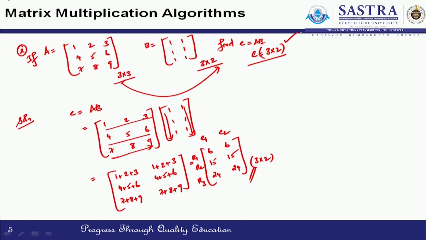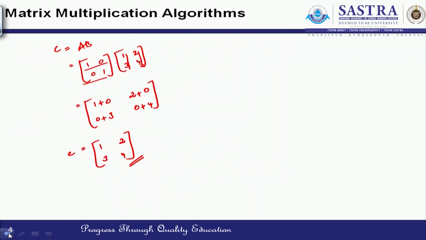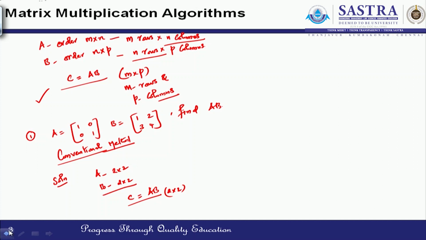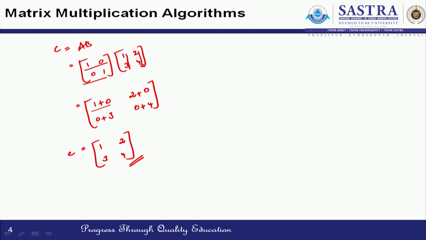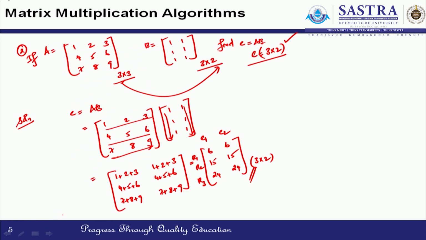In case A is 3 by 3 and B is 3 by 3, square matrices of the same order, then the resultant matrix C is also of the same order, 3 by 3. Now let's look into how we perform these arithmetic operations, multiplication and addition, to get the resultant matrix C, with entries C11, C12, etc., C21, C22, etc., likewise for the nth row.